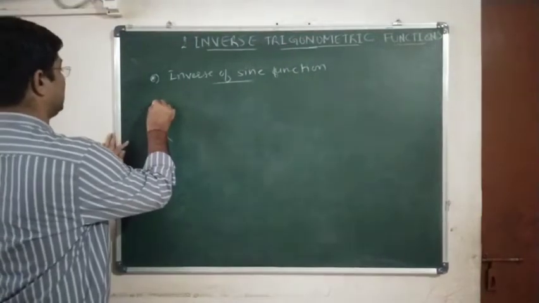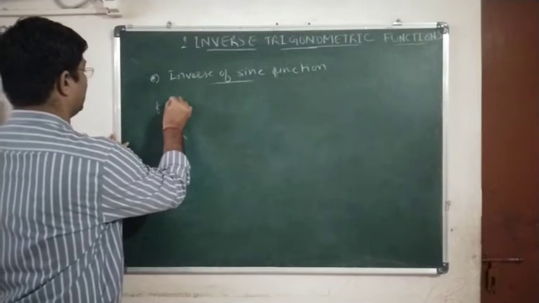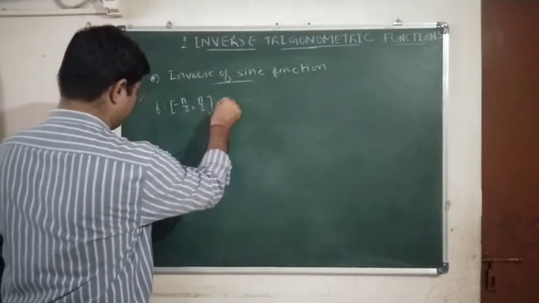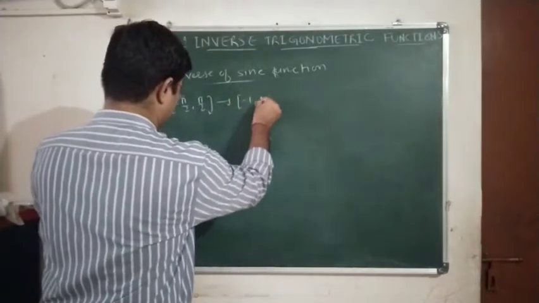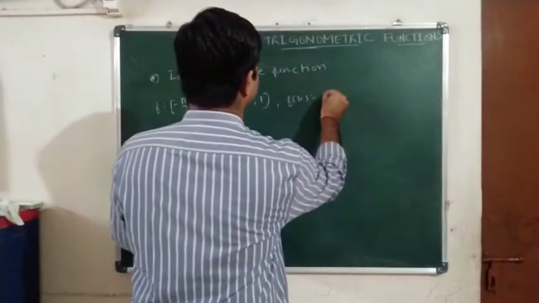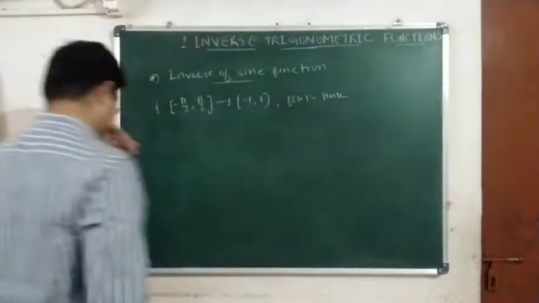Now for the sine function f from minus pi by 2 to pi by 2 to minus 1 to 1, f of x is equal to sin x is a function.